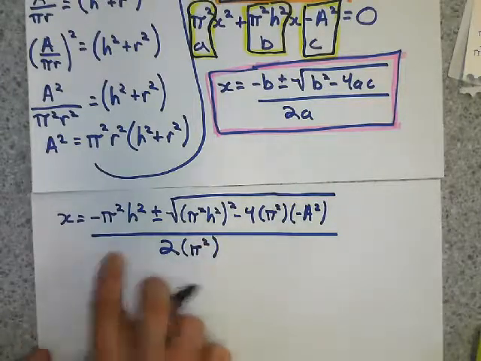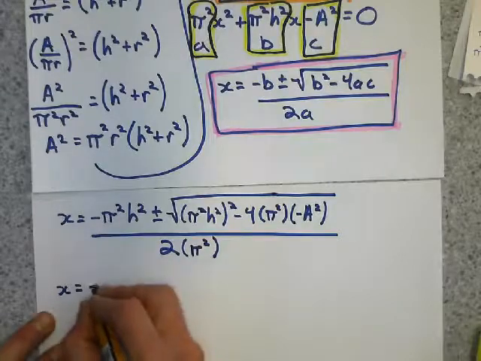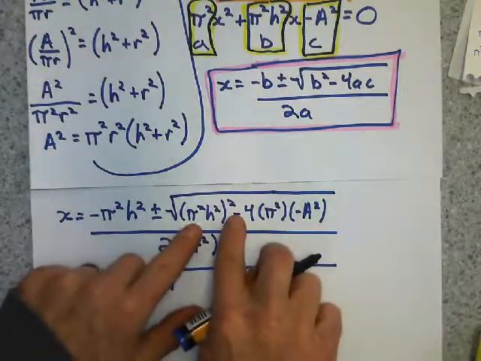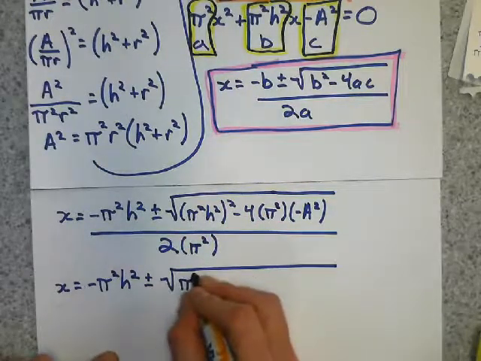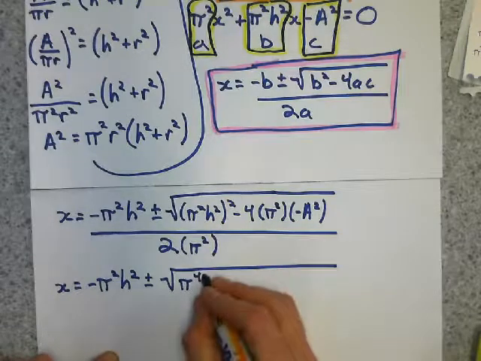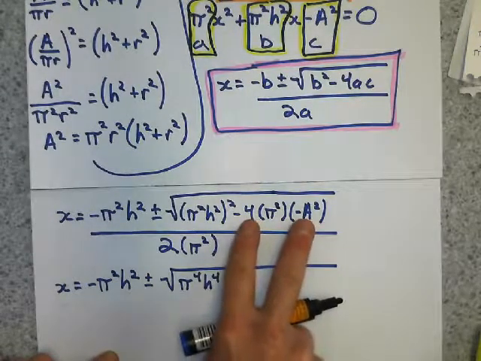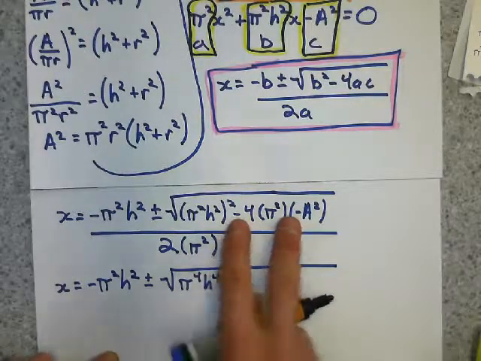I can do a little bit of simplifying inside the square root symbol, and I'm just going to rewrite this. Inside here, pi squared, squared, is pi to the fourth. H squared, squared, is h to the fourth. All of this simplified is positive 4a squared pi squared, I think.